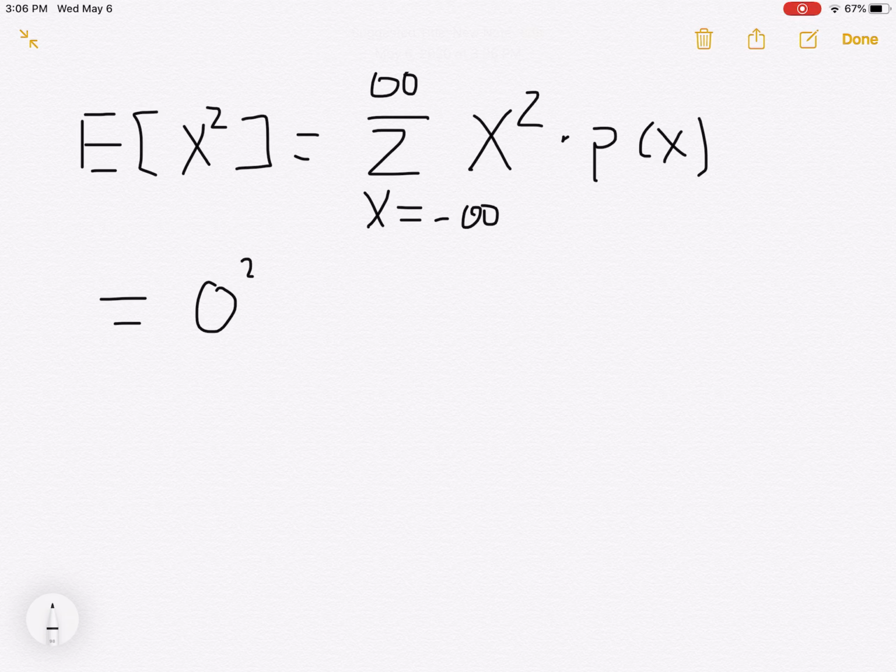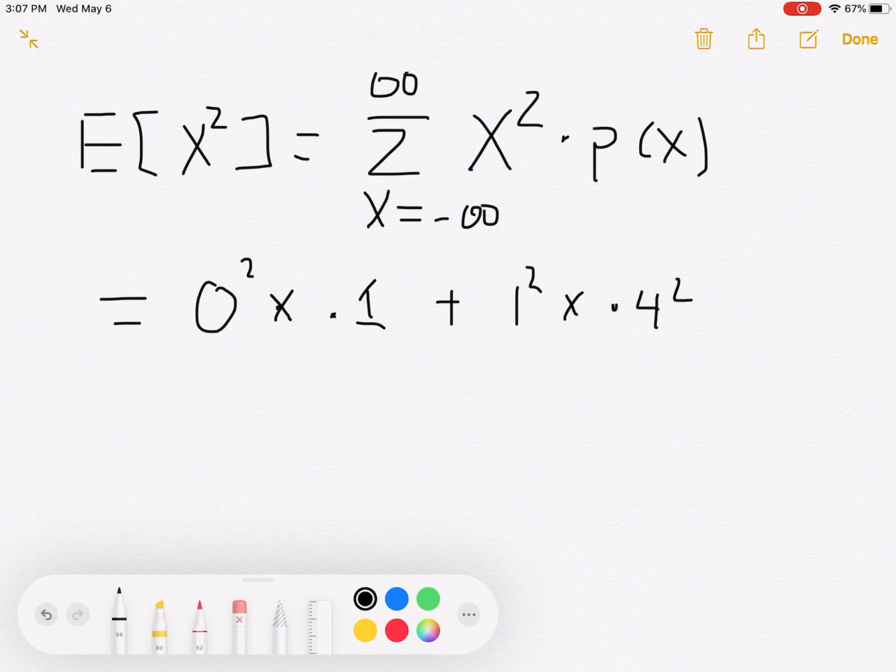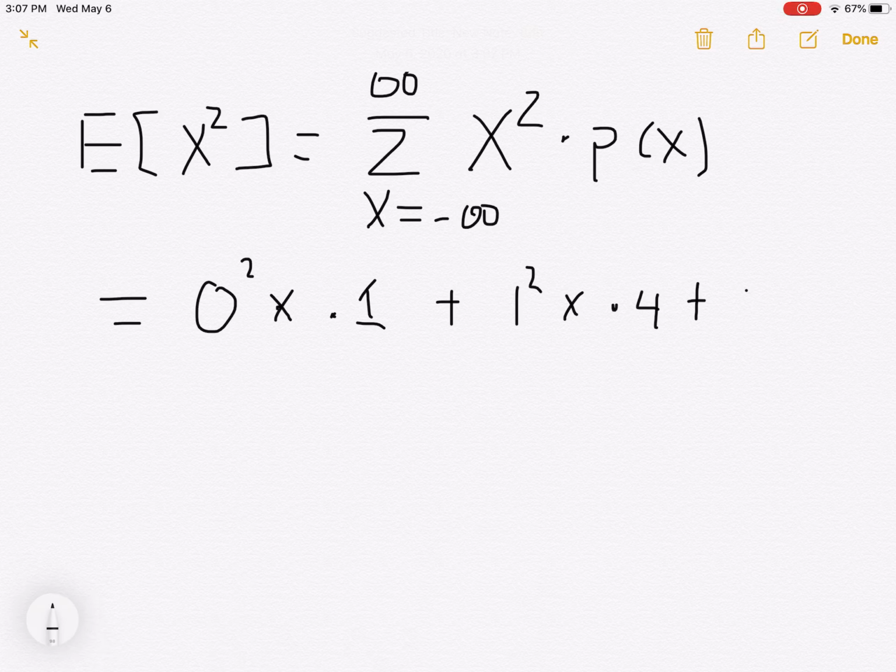So that'll be 0 squared times 0.1, plus 1 squared times the probability of 1, which is 0.4, plus 2 squared times the probability of 2, which is 0.3, plus 3 squared times 0.2, which is the probability of 3.